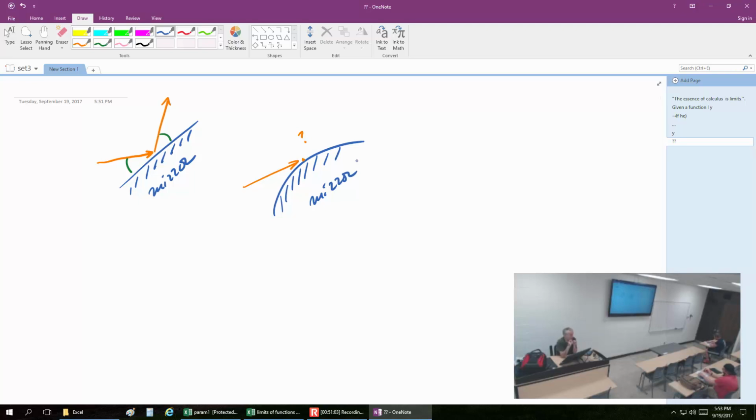The particle of light is so small that you can think of it as if it's hitting one single point of the mirror. But it doesn't mean that that point does not have a slope. And that slope is the slope of the tangent line. So if you know what the graph of the function is, you find the tangent line, and then it is as if your light bounces off that tangent line. Okay, just like in that last example. Okay, so there you go.